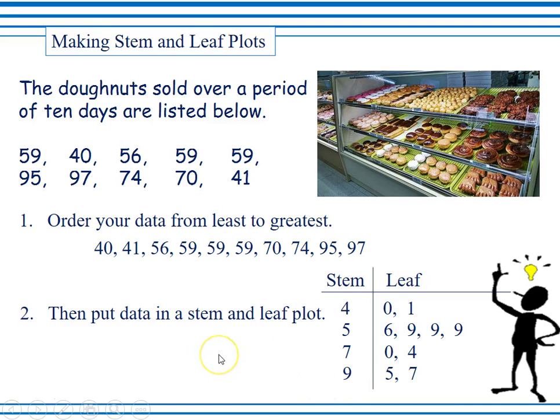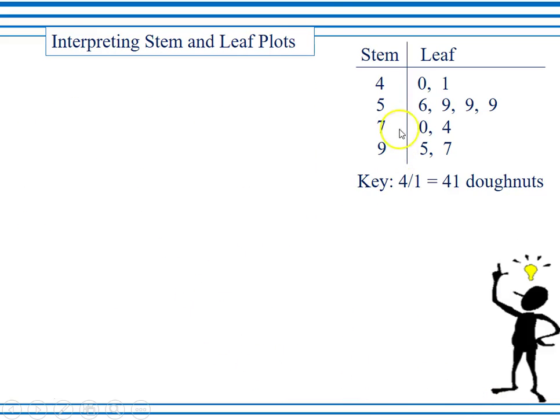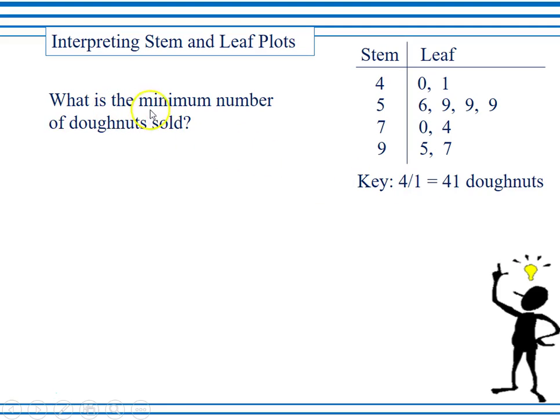Okay, so now that we've made a stem and leaf plot, we are going to practice interpreting one. The first step to interpreting a stem and leaf plot is looking at the key. When we see 4|1, like 41, that's 41 donuts. So here's our donut stem and leaf plot again. What is the minimum number of donuts sold in one day?